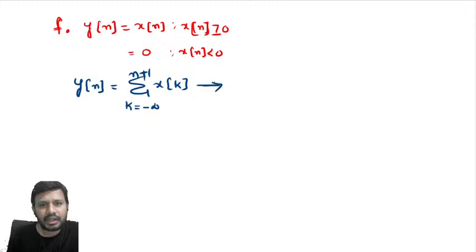Comment on linearity. Summation from minus infinite to n plus 1, you have to take the summation. So summation means what will happen? It is linear.